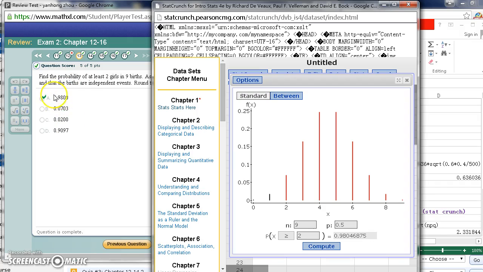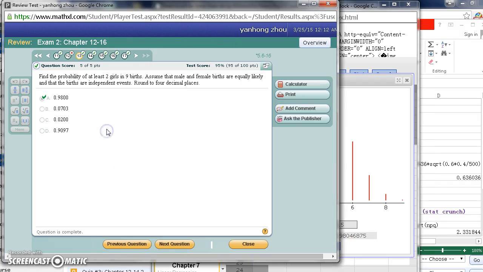But A is the closest answer. I will choose A. Let me try, maybe they are just using the greater sign. It's not right, yeah. We are right. Or just use greater or equal. Yeah, this answer is right, but I don't know why they don't put 5 here.